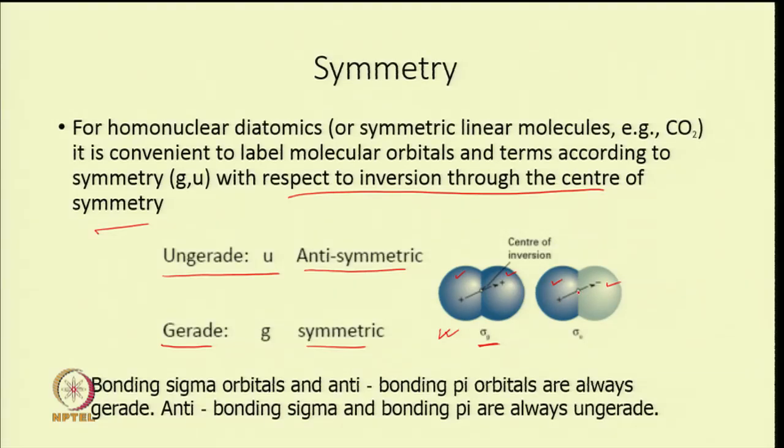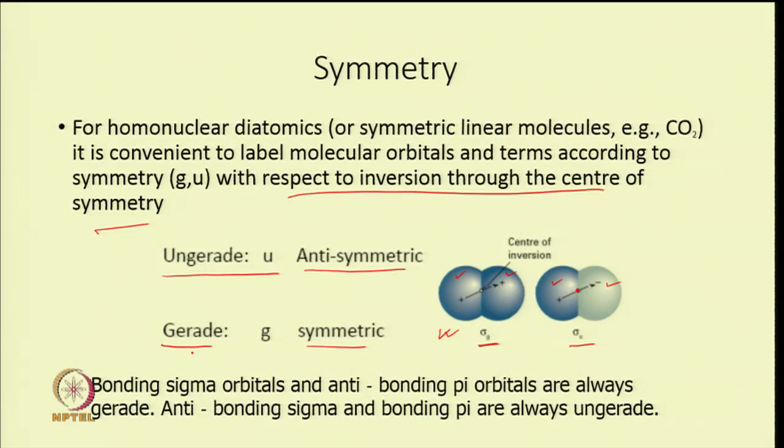Whereas in this case it is anti-symmetric with respect to the center of inversion, and that is why it is labeled u. u stands for ungerade and g stands for gerade.